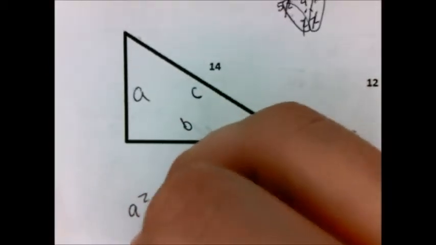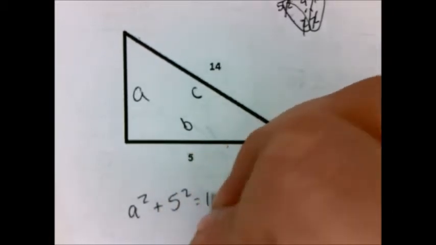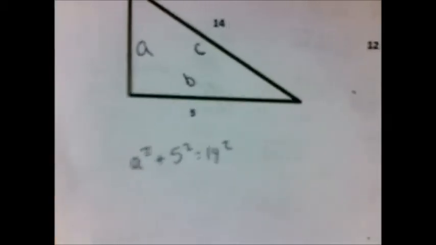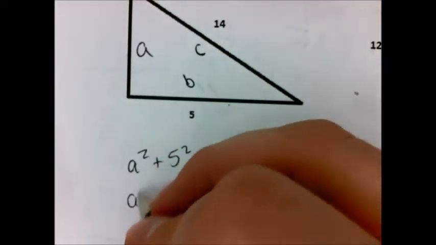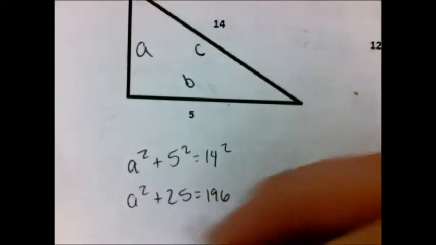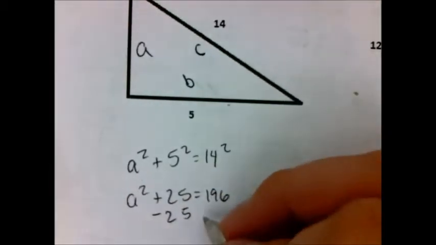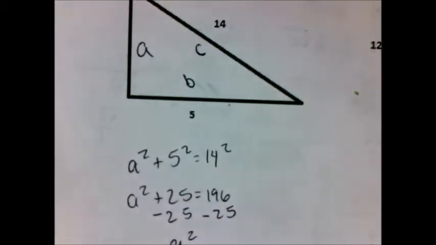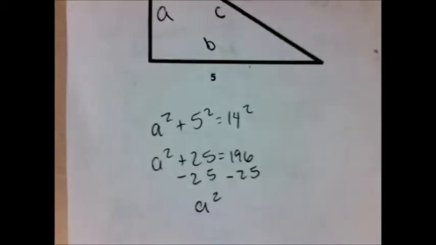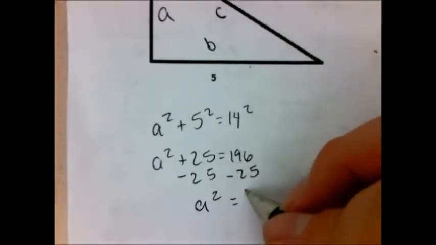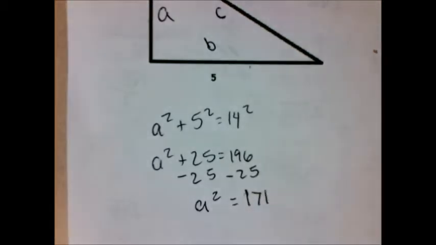So a squared plus 5 squared equals 14 squared. So that means that a squared plus 25 equals 196. Subtract 25 from both sides. You should get a squared equals 171.